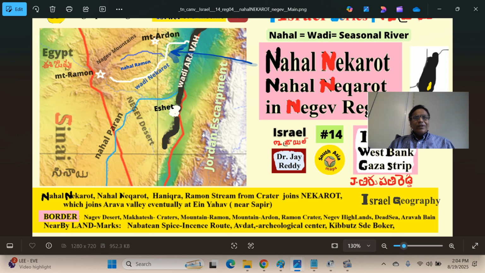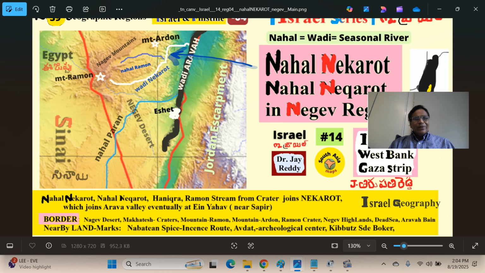What are the borders? If you remember this map, you can remember these things very easily. This is the Negev desert region, the Maktesh craters, Maktesh Ramon here, and you have the Negev upland or mountain or plateau region. Even this goes to 1 kilometer above mean sea level, Mount Ramon. You can see Mitzpe Ramon town, Mount Ramon and Maktesh Ramon.